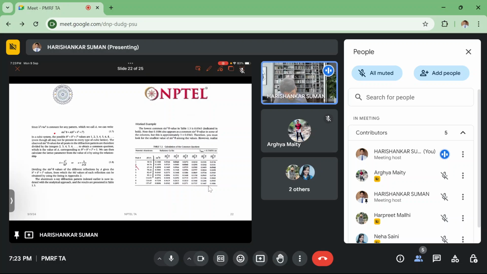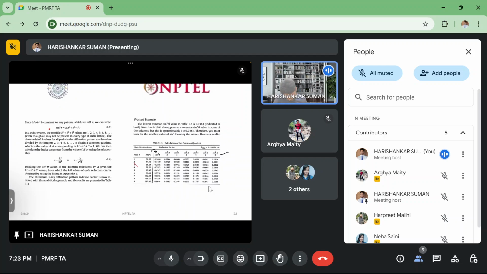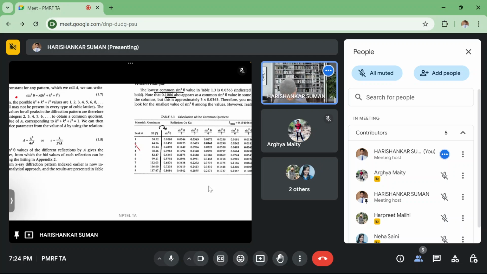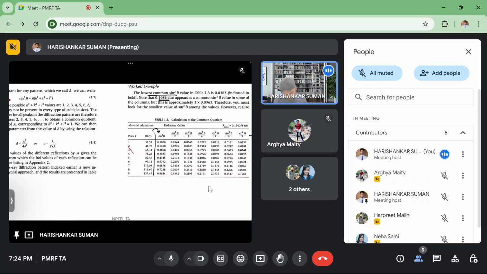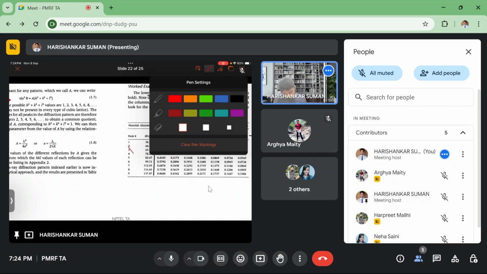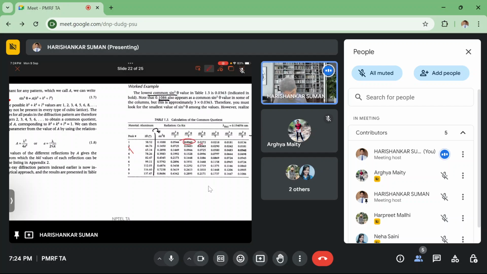If 2 theta values are given, then calculate sin square theta, then divide by 1, 2, 3, 4, 5, 6, 8 like that, and choose the lowest common sin square value. So we can see this is the minimum value, the least common value.